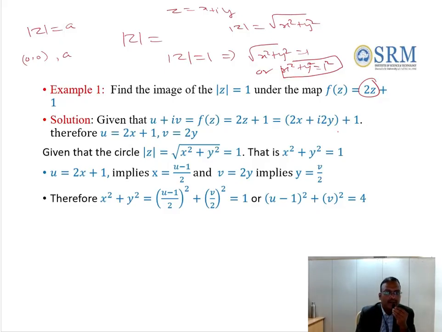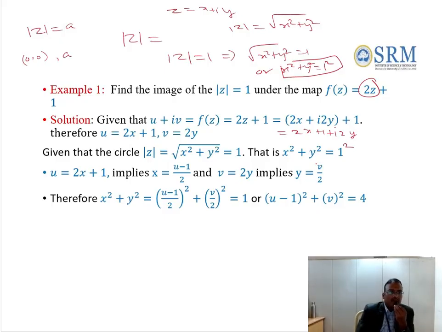If you group the real and imaginary terms, then we'll have 2x plus 1 plus i into 2y. Okay, then if you equate the real and imaginary parts, then we are having u equal to 2x plus 1 and v equal to 2y. So given the circle, modulus of z equal to 1, that is x square plus y square equal to 1 square, right?